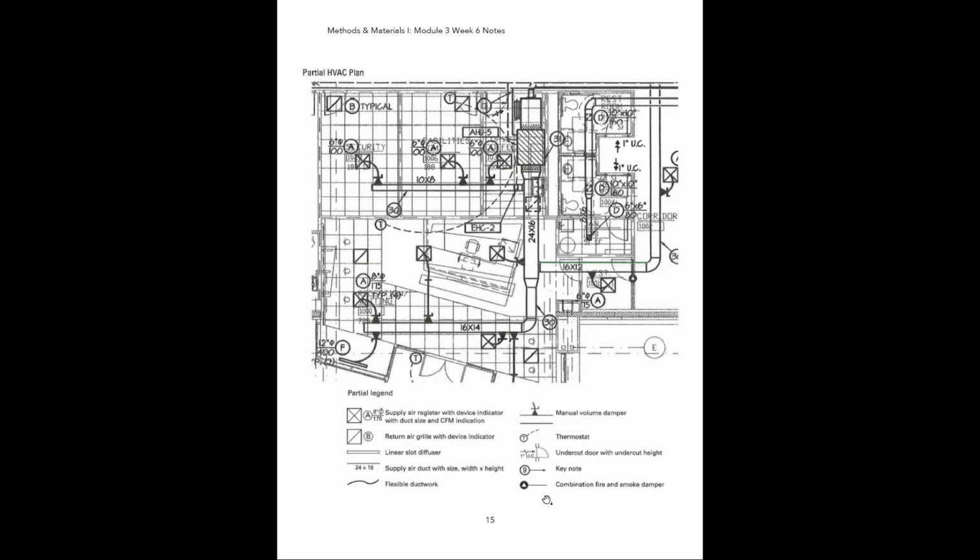Okay. And then lastly, the last one we're going to talk about is the combination fire and smoke damper. So that is exactly what we talked about at the beginning. And that is indicated with this little triangle with the circle. So you can see we have one right here.